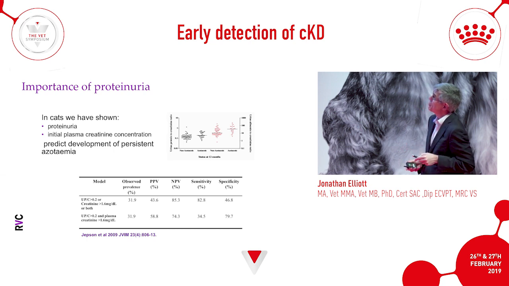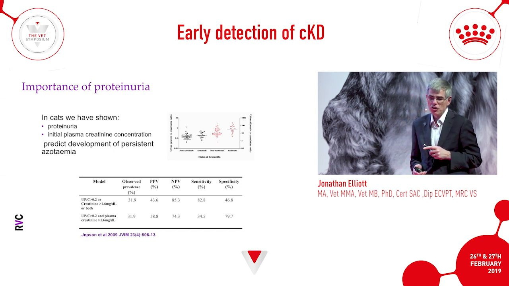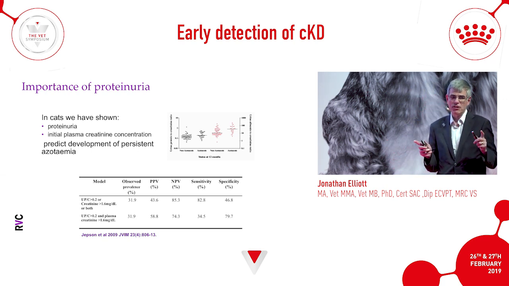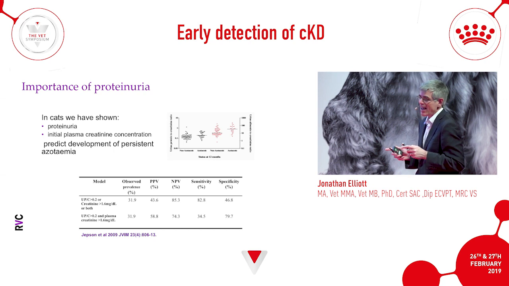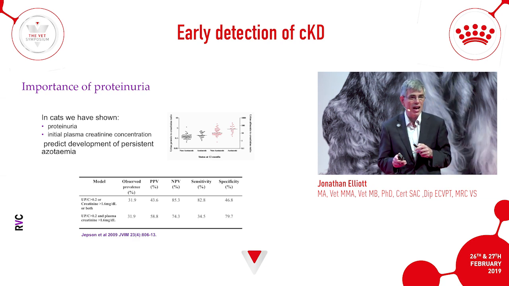It is this study which Roseanne Jepson published in 2009. And what this study is looking at is both urine protein to creatinine ratio and urine albumin to creatinine ratio in the 95 cats that I talked about previously, but divided at initial screening on the knowledge that at 12 months, 30% of them became azotemic. And you can see on this log scale, there is a significant difference between UPC and urine albumin to creatinine ratio, but there's a lot of overlap.